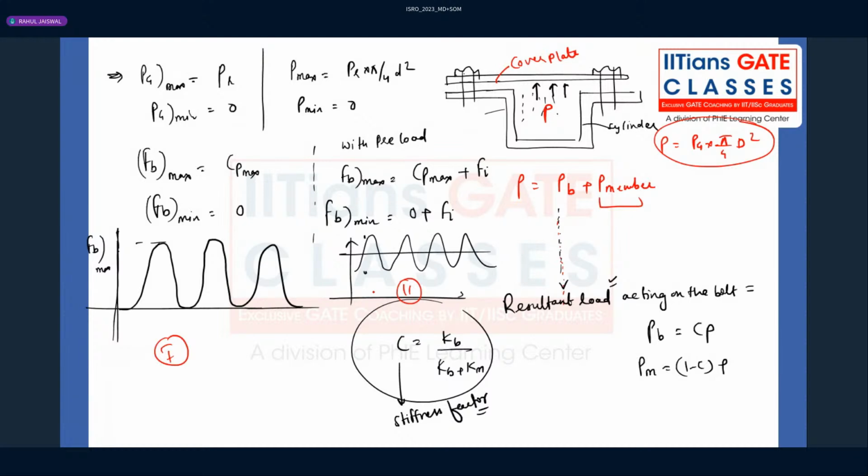So here, my dear friend, with the help of this preloading we are trying to reduce the maximum deflection happening in the bolt material, and we are increasing the fatigue strength of the bolt material, no doubt. So actually your load has changed from a repeated load to a fluctuating load.